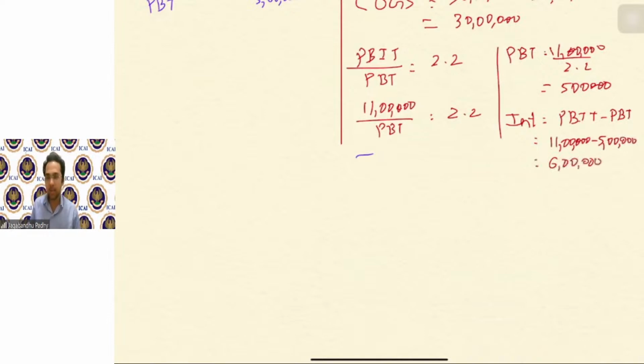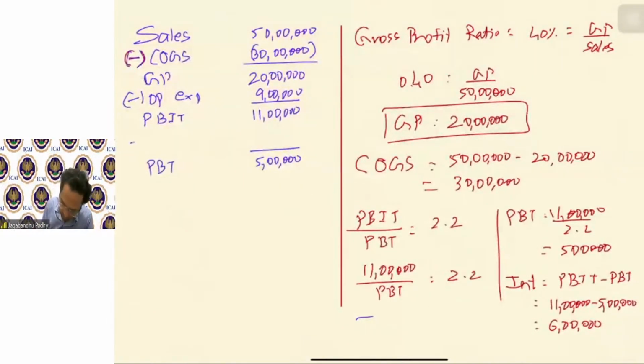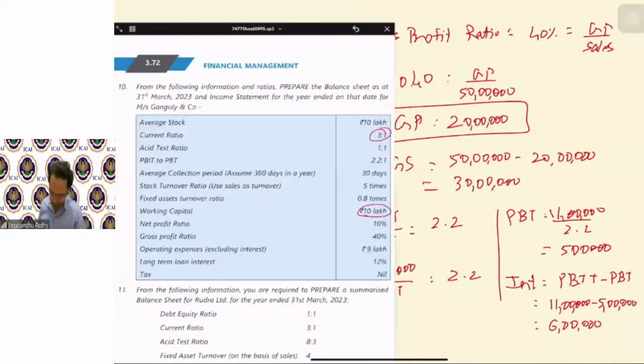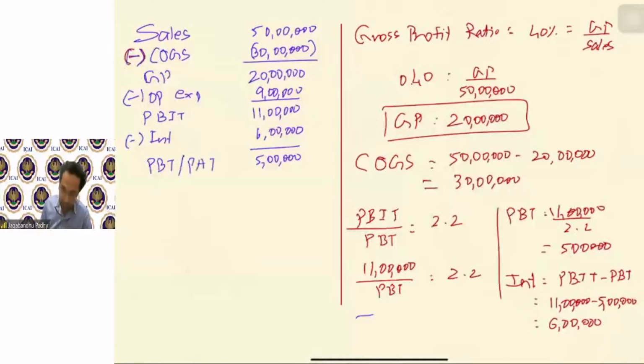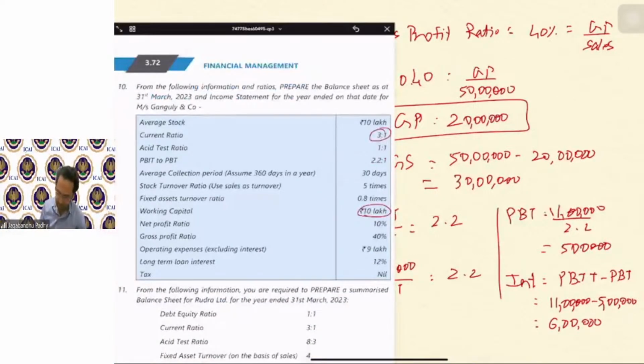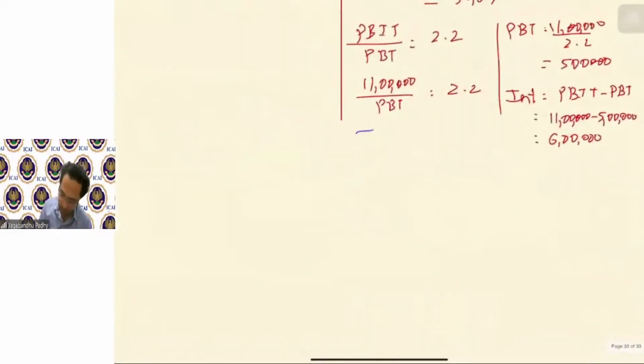Interest works out to be 6 lakh, right? Do we have any tax rates given over here? Tax rate is nil. So this itself is your profit after tax or the net profit. Now, since we have got the interest to be 6 lakh and the question says that long-term interest rate is 12%, how do we get the long-term debt amount?